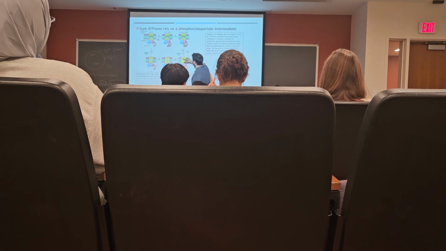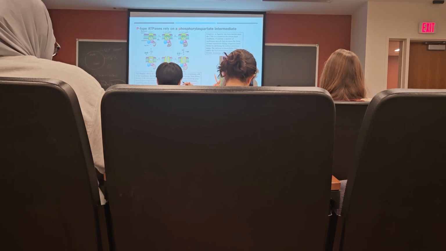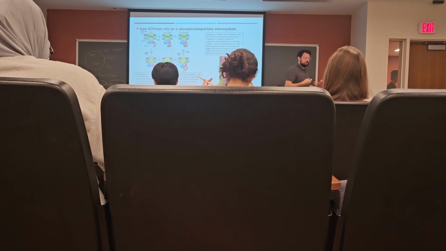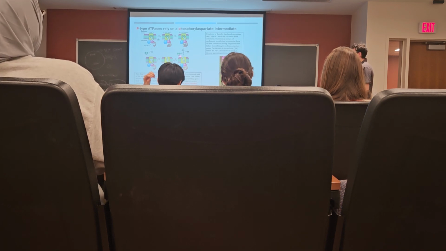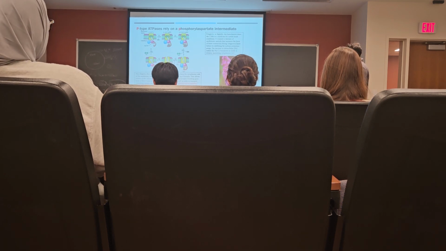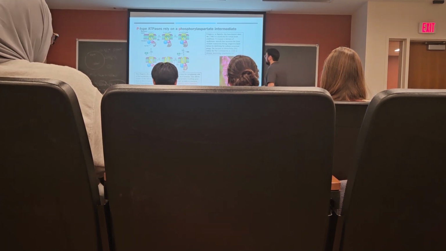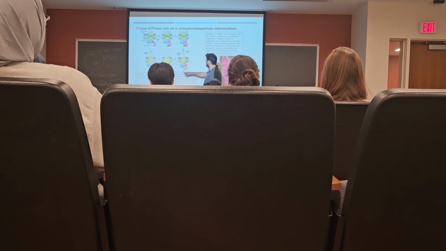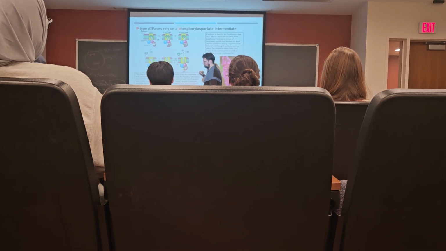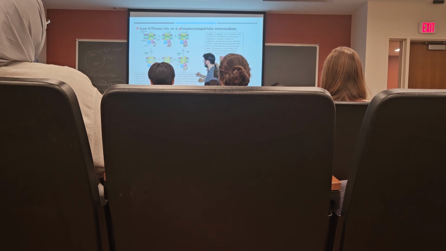Now this calcium is free to leave into the lumen of the ER. This conformational change also decreases the affinity of the transmembrane domain for calcium, so it's easier for the calcium to leave into this area of higher calcium concentration. And now we're in the E2P conformation because we're in the second configuration of this enzyme, but we're still phosphorylated.